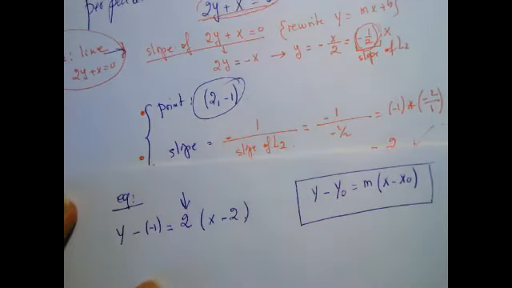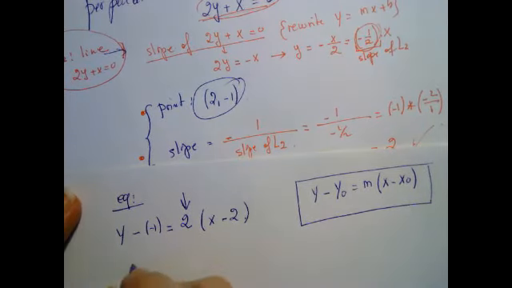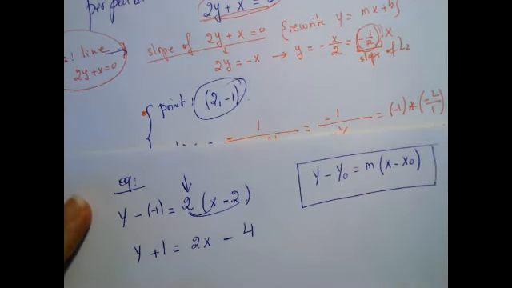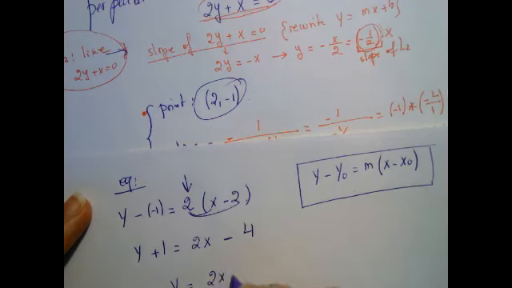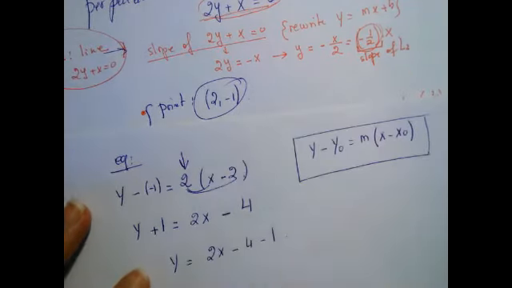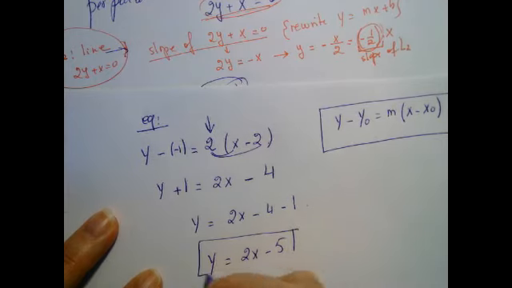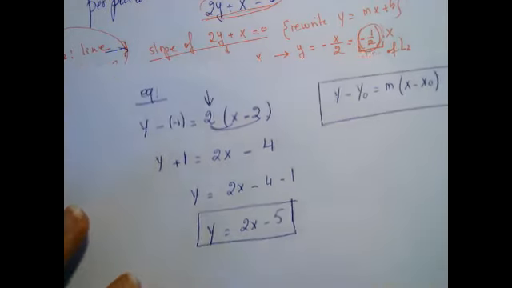Now I just have to manipulate that. So it's going to give me y plus 1 equal, I distribute, 2x minus 4. I solve for y, so I need to subtract 1 away. Minus 1. And this would give me y equal 2x minus 5. And that's the equation of my line.